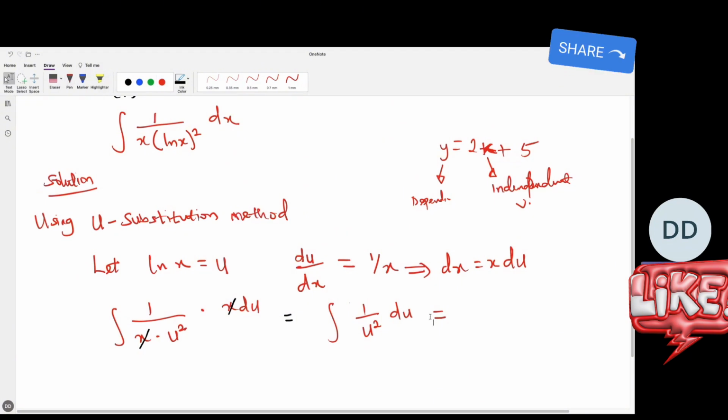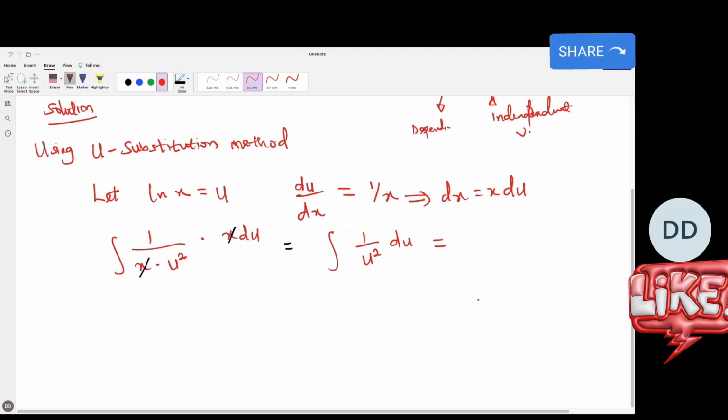Do you see how easy it is? So if we integrate 1 over u squared with respect to u, what do we have? Minus what? Exactly, plus c.